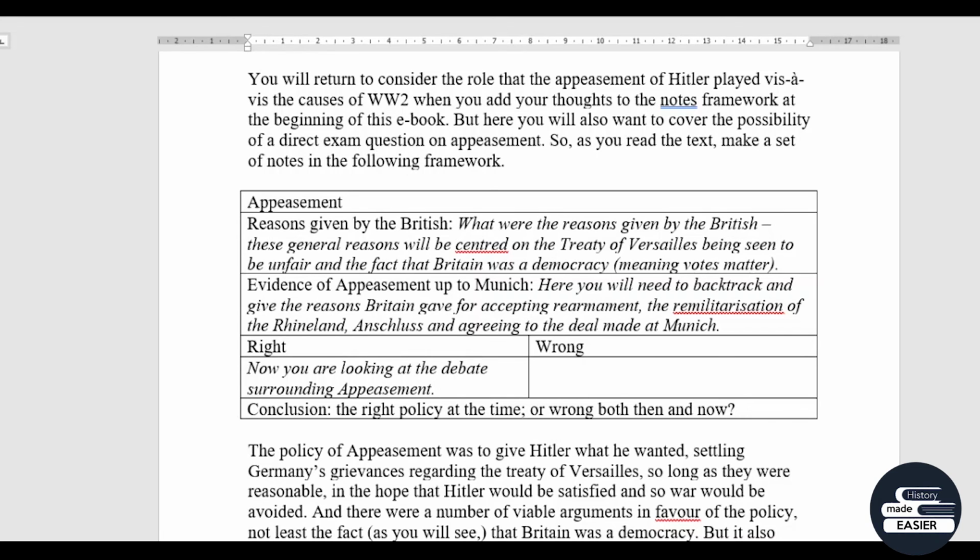In looking at the way I've set this out in my ebook, Germany and World War II, I think we're also going to see the advantage of a good notes framework, as well as the advantage of good old PEE as an approach to writing good paragraphs in history.